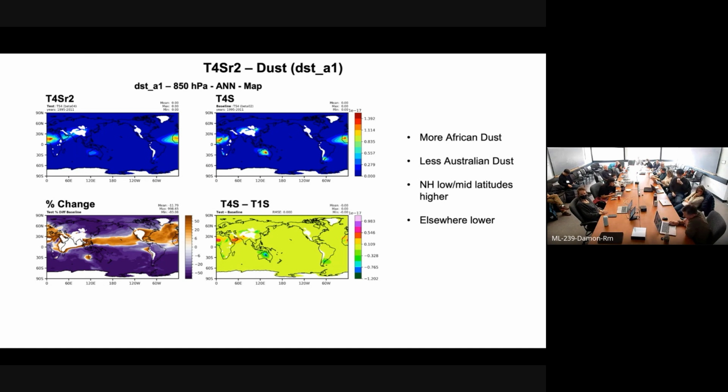And when you look at the percent change, the low to mid latitudes are in the vicinity of about 20% higher. There's this band of orange that you see in the bottom left-hand plot. And elsewhere we're in the negative, which means we're lower.